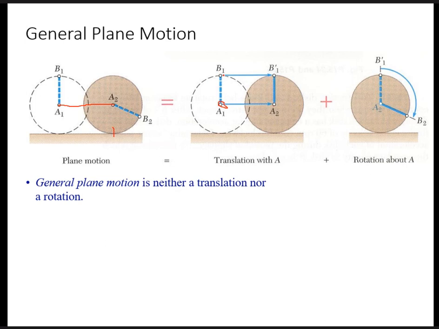The body is translating to this position shown by the dotted line, and then it is rotating about this fixed point O. So during this translation, the velocity of A1 will be the velocity of B1.